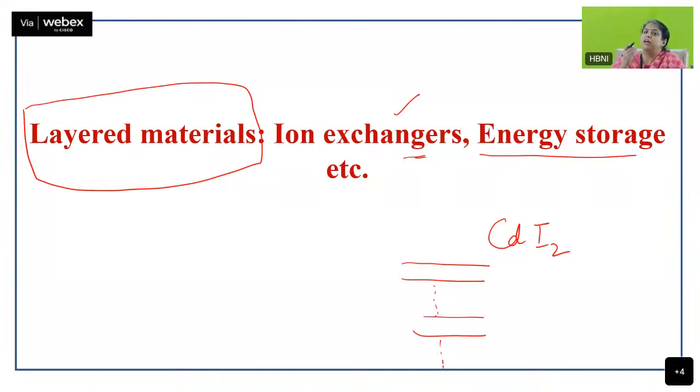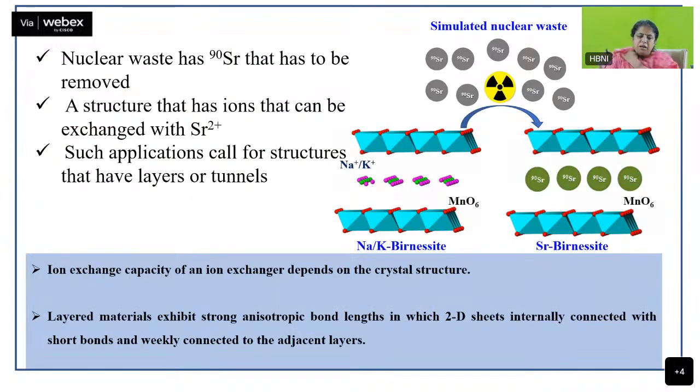So layered materials are those materials wherein the crystal structure is such that it has two-dimensional layers which can actually hold many intercalated cations or water molecules or other species, which are very important for their properties such as ion exchange and energy storage. Now, I just told you a few minutes back, in the nuclear waste stream that we obtain, there are two harmful fission products, let's say strontium 90 and cesium 137.